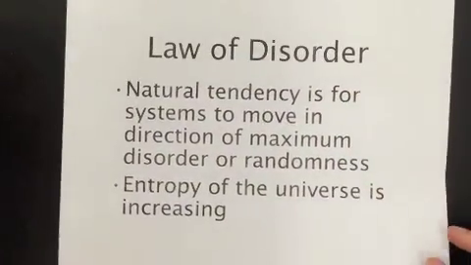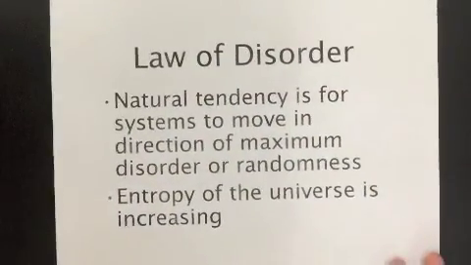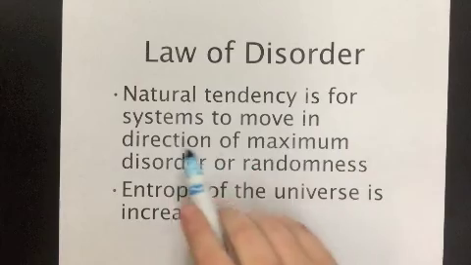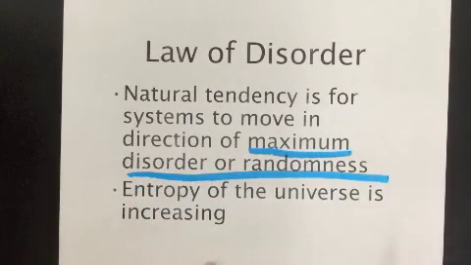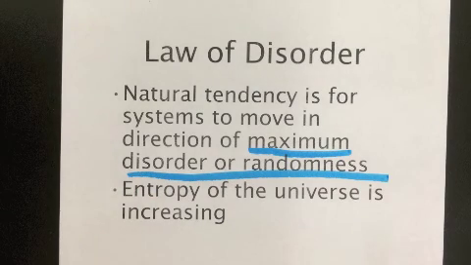So first off, the law of disorder is a natural tendency for systems to move in the direction of maximum disorder or randomness. This means over time, systems try to reach their maximum disorder. For example, if there's an old cabin on the side of the road that's never been attended to, eventually, over many years, it's going to fall to pieces.